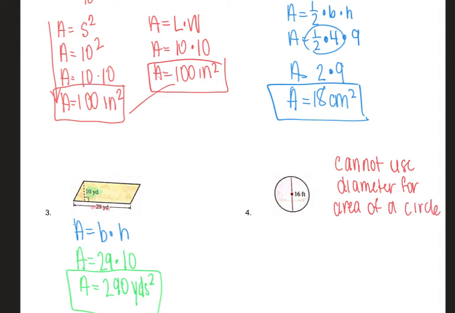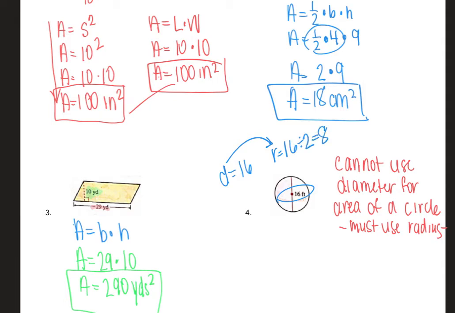Okay, you must use the radius. So given that you must use the radius, like on this one, you have to find the radius, because if the diameter is 16, in order to get to the radius, we need to do 16 divided by 2. We need to cut it in half. So the radius for this one is 8.